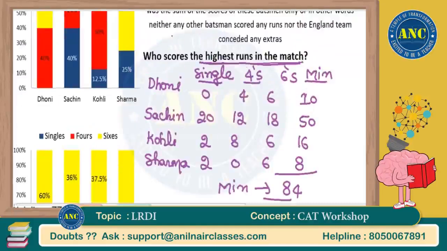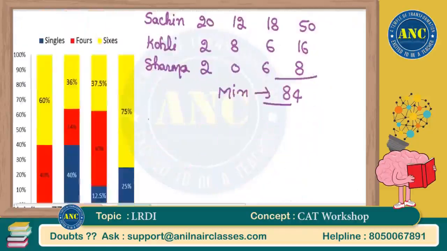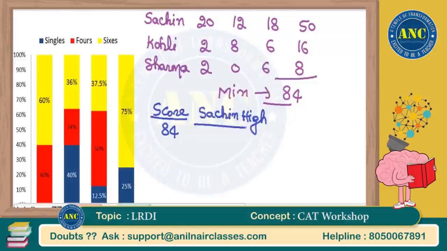The question is, who scored highest in the match? If the score of the Indian cricket team is 84, Sachin scored highest. And the highest runs is nothing but 50.